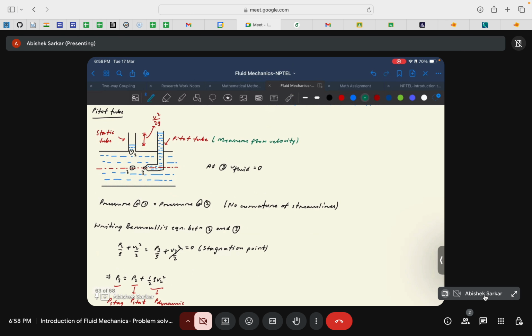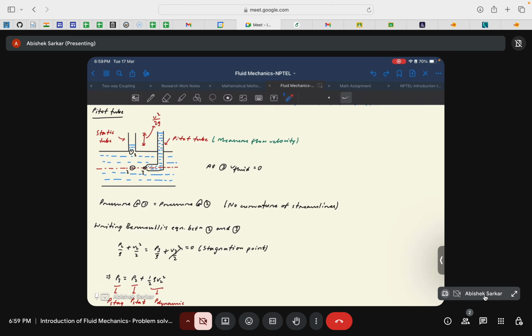So the next approximation that we use is that the pressures at point 1 and point 2 are considered to be almost equal. Why? Because the streamlines here are parallel to each other, they are straight streamlines. There are no curvatures, so there is no pressure gradient because of the curvature of the streamlines. Checked.